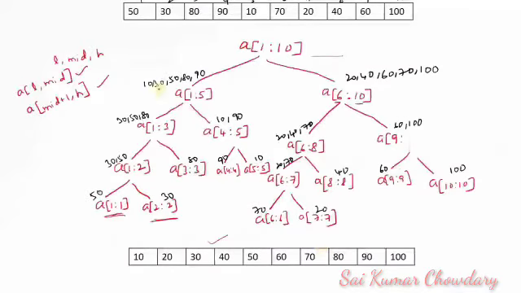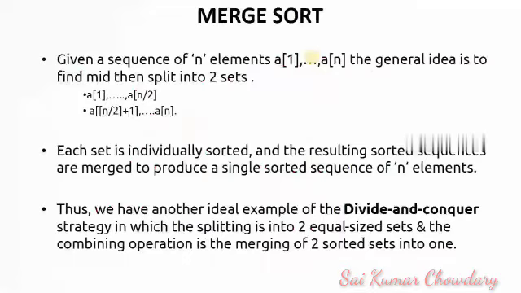That means every time, you see this array is sorted, this array is sorted, this array is sorted, every time it is sorted. Now finally you will get the answer as again a sorted one. So this is a procedure that will be applied in MERGESORT using the divide and conquer strategy.